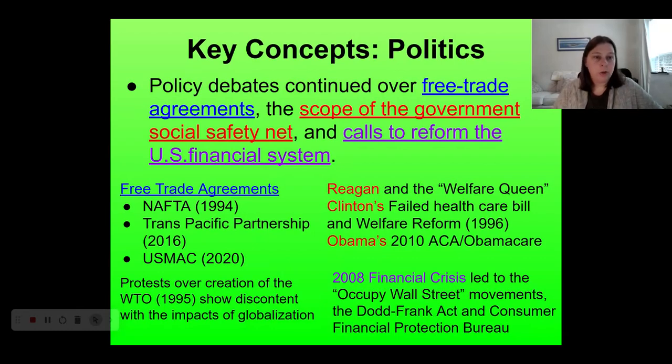That's the very common argument, because now American cars can be made in Mexico by Mexican workers who are getting paid much less, and American auto workers are losing those jobs. So a big feature of politics from Reagan onward are these debates over globalization, and the extent to which it is good for the American economy.